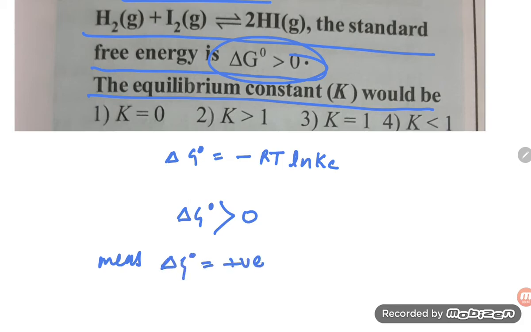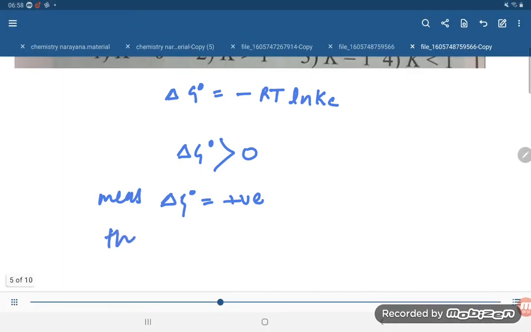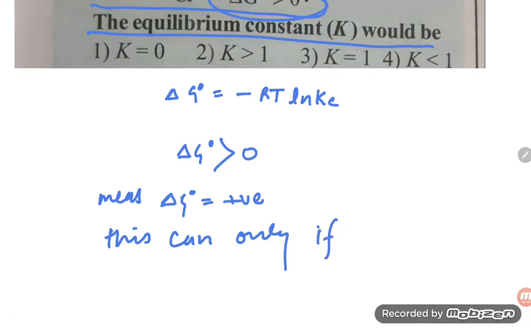If delta G is positive, student, this can be only if Kc is negative. Why, student? Because this negative term is there, and we have to get positive, so negative will come.